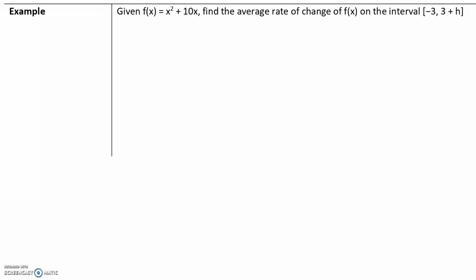Next, given f of x equals x squared plus 10x, find the average rate of change on the interval -3, 3 plus h. So this means our first x value is x1 equals -3. Our second x value, x2, is equal to 3 plus h. So let's go ahead and plug this in. If our input is -3, we want to find the corresponding output, which is f of -3.